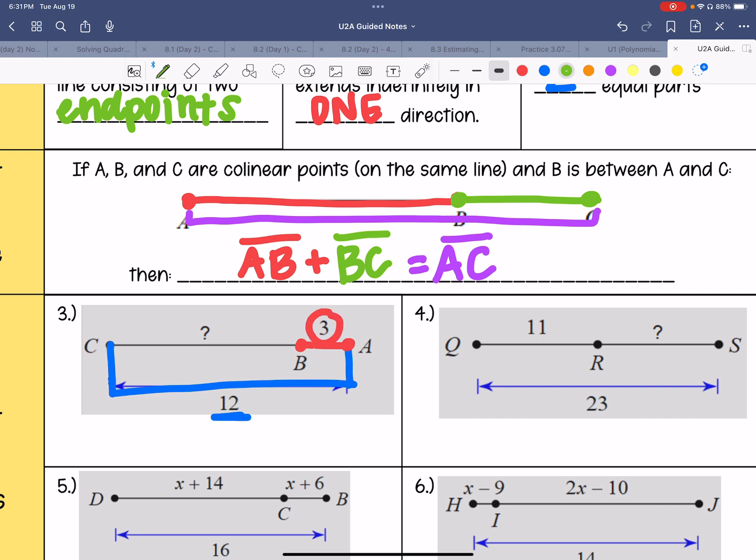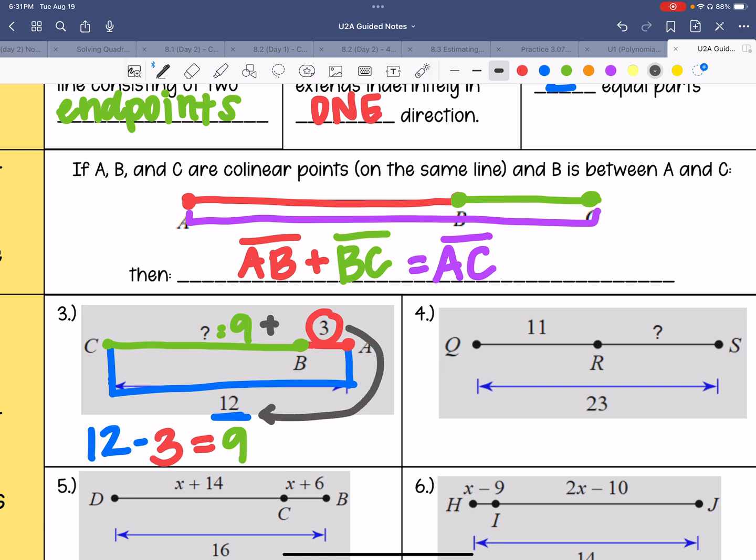And we are looking to determine what is the length from C to B. Well, if we know that our whole segment has to be 12 units long, and we know that 3 of those units are already accounted for, then the last bit of our segment has to be 9 units long. And again, that's because if we add 9 plus 3, if we take each of these individual segments and add them together, we get the whole thing, which is 12.